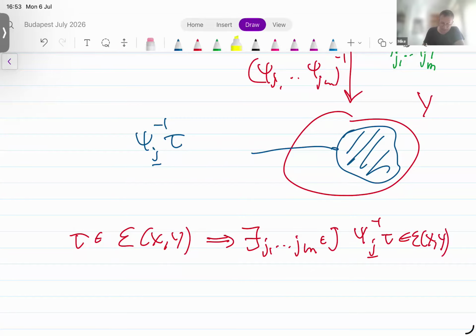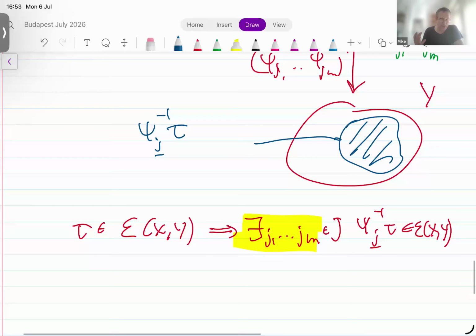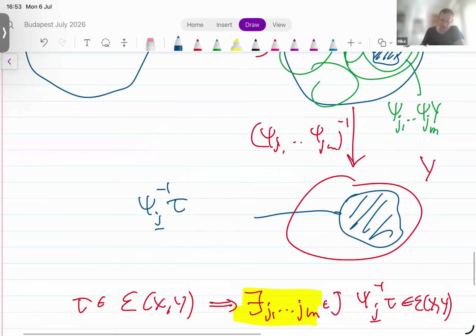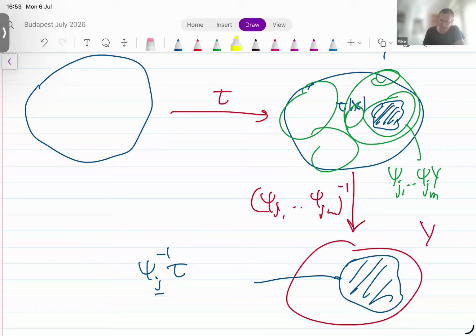And I want to emphasize that, so how much freedom do we have in choosing the j's? The j's were sort of forced on us, right? The j's depended on which cylinder set of y contained the image of x. So we don't have an infinite number of choices. Maybe we only have one choice, the empty string. But we can take the longest string, or the smallest cylinder set of y that contains x.